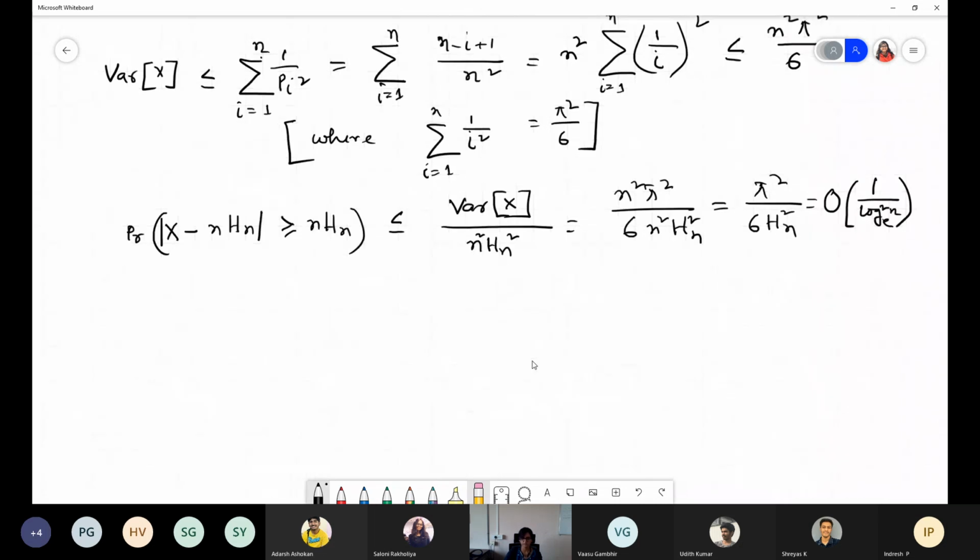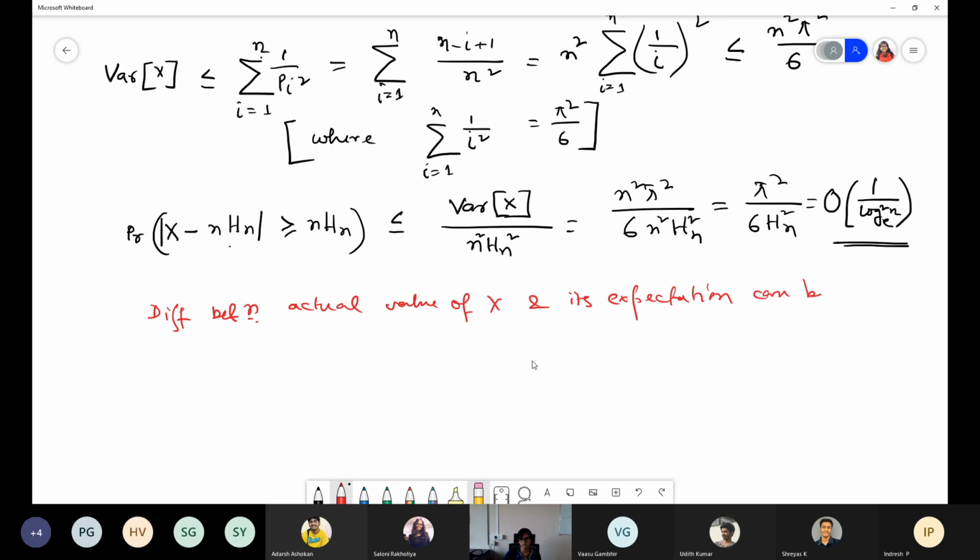So this means, if you take the difference between the actual value of X and its expectation, it can be at maximum order of 1 by log n square.